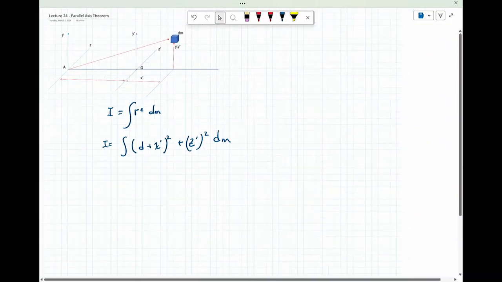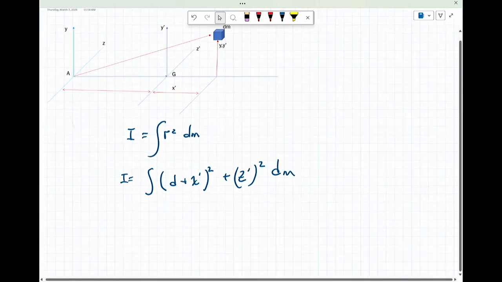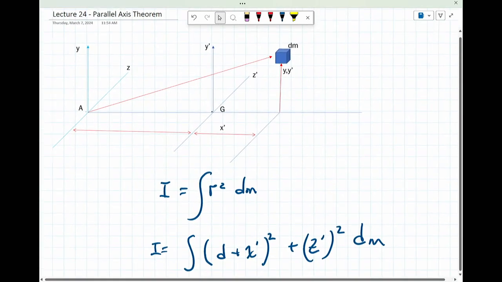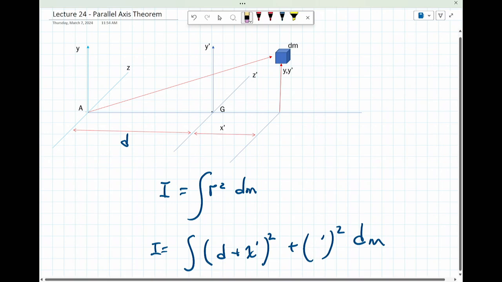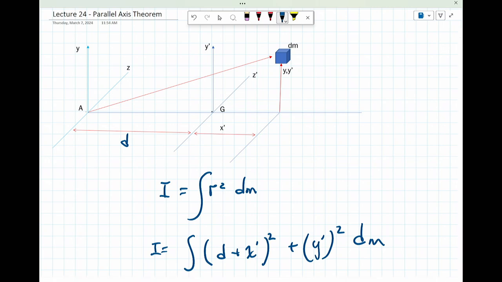D is here, z prime. So this mass is a distance d from the center.